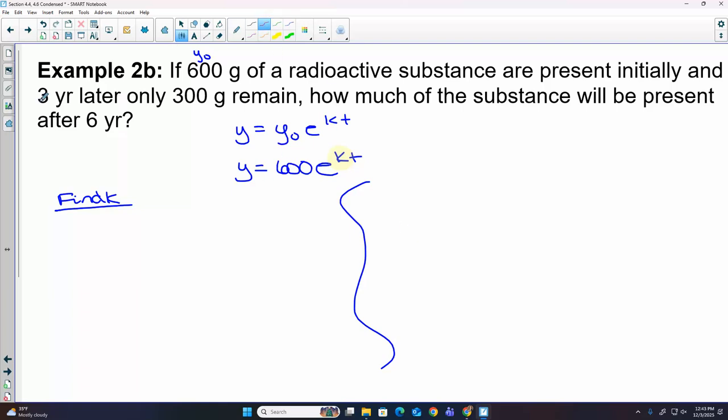I know after 3 years, 300 grams remain, so I'm going to plug those in. So my Y is 300 equals 600 e to the K times 3. Divide over your 600.